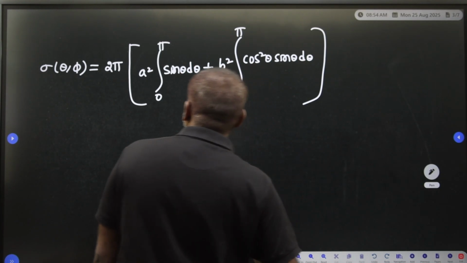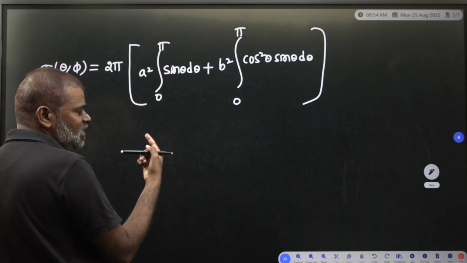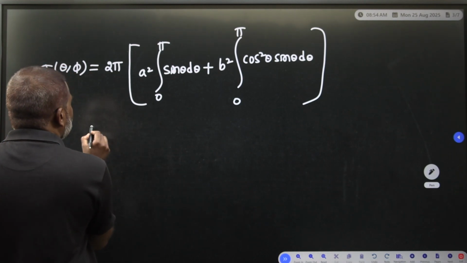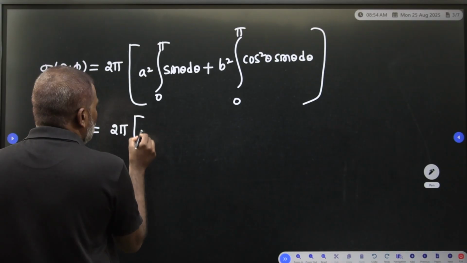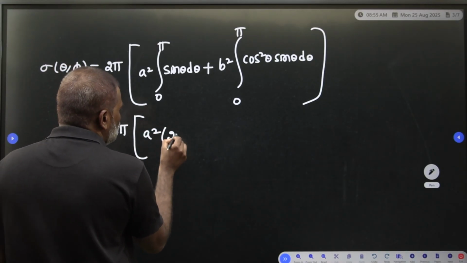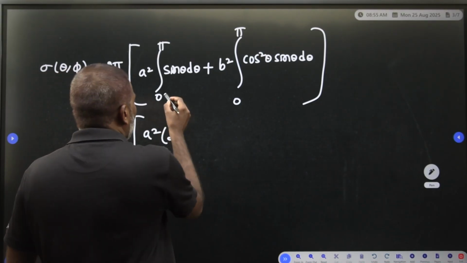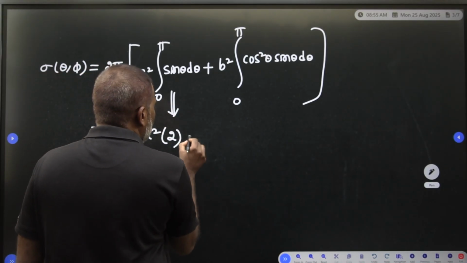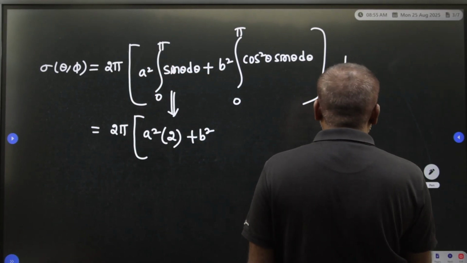The integral of sin theta d theta is equal to minus cos theta. You have to apply the upper limit and lower limit. So 2 pi into a square into 2 you are going to get. So this value is 2. So plus b square into, let us take it to solve this.